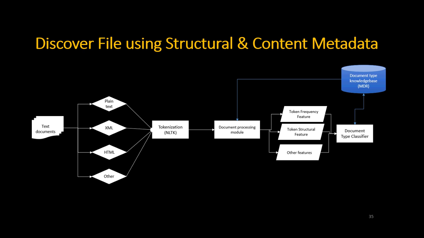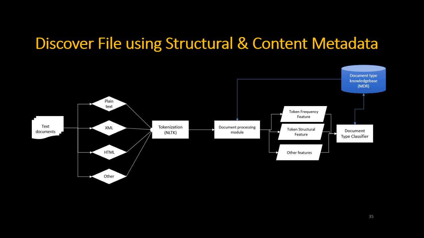All of these file types and formats can be processed through the same interface as shown in these workflows. So it is very simple. First, the file is tokenized into tokens, or words, symbols, or other meaningful elements, using any of the tokenization modules. Here we use the NLTK tokenization modules.